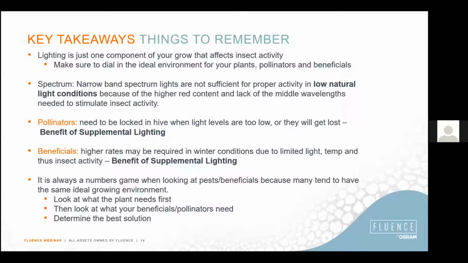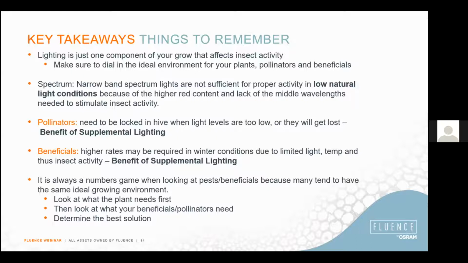One thing to note with pollinators especially is that they do need to be locked in their hives when the light levels are too low or they will get lost. If you're not using supplemental lighting, sometimes the natural light levels will not be high enough to stimulate them to wake up and get moving. If you are using supplemental lighting, then when you're turning the lights on, open the hives, allow the bees to wake up, and then do what they need to do throughout the day, bringing them back into the hive, closing the hive, and then shutting your lights off.